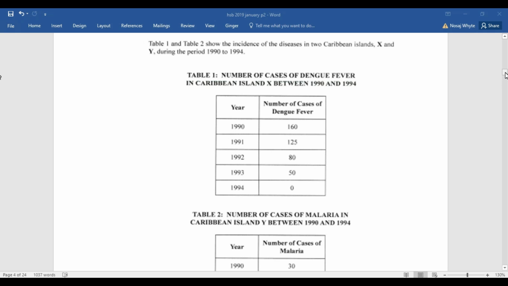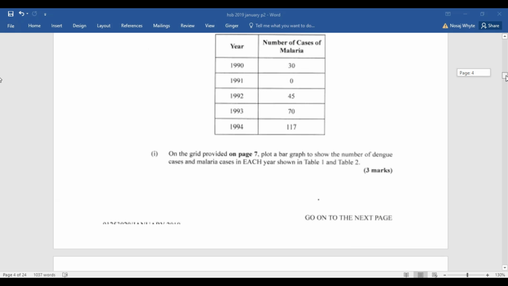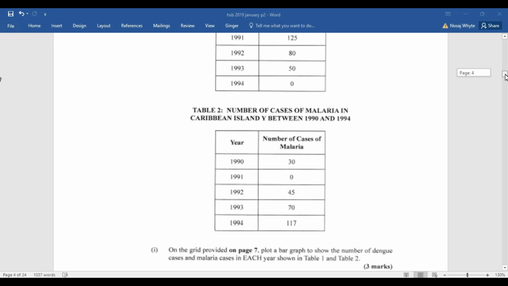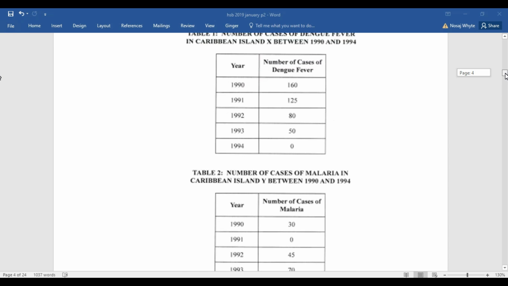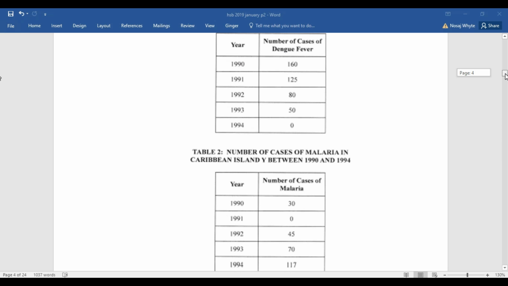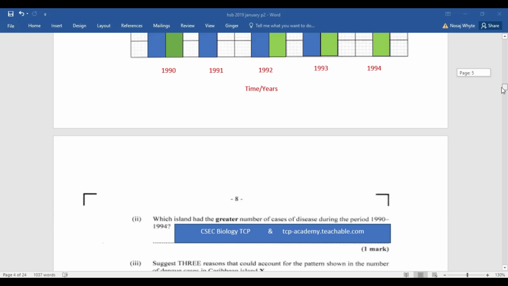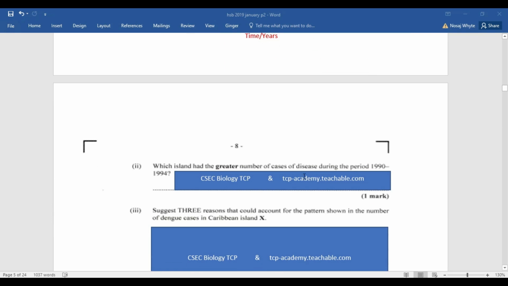And of course this is malaria, and it is showing dengue versus malaria, as we said earlier. So let me see what the question says here. Which island? Let us look at that.